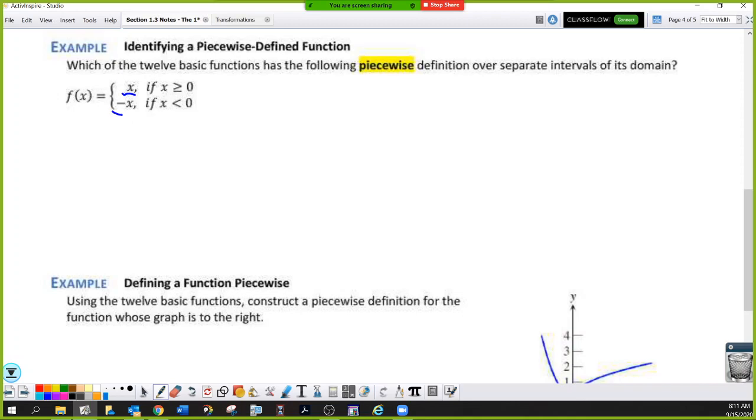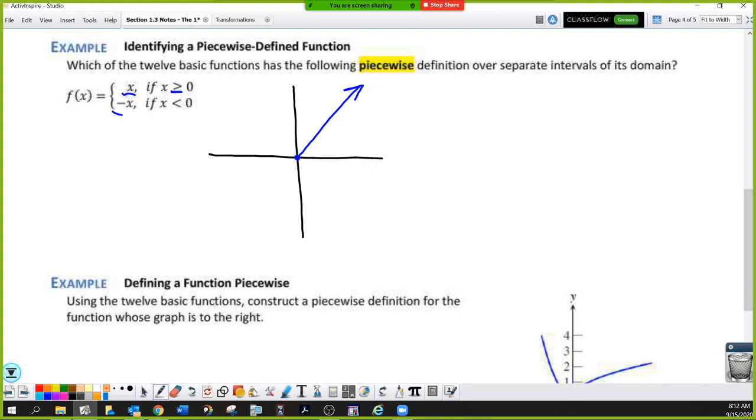In case you can't see it in your head, let's just sketch it real quick. For x's greater than or equal to 0, it looks like y equals x this way, and it has an equal-to bar, so we have a nice closed dot there.